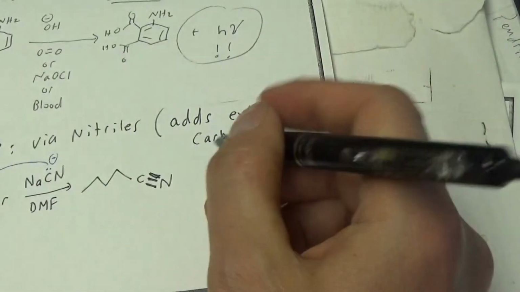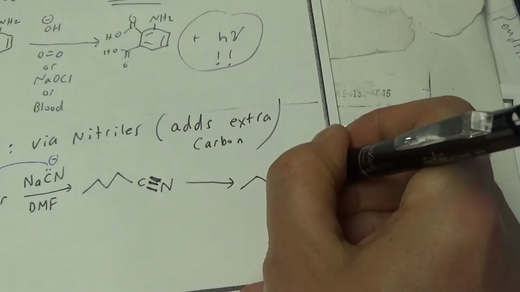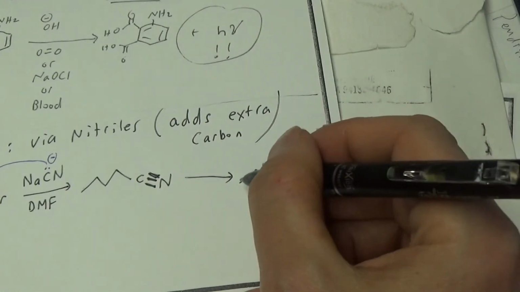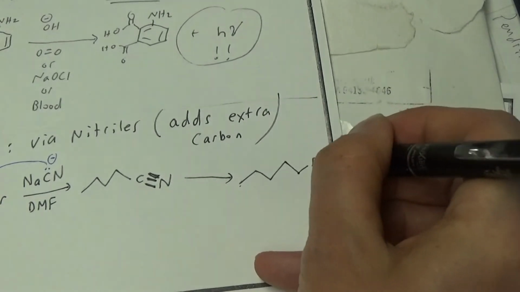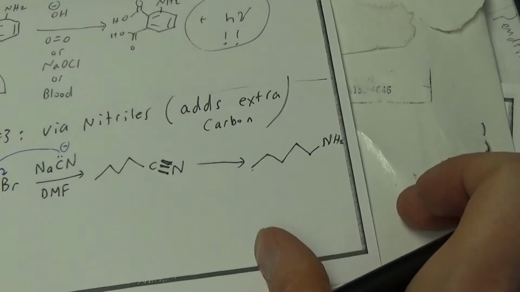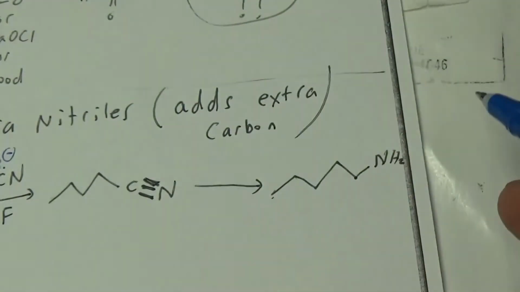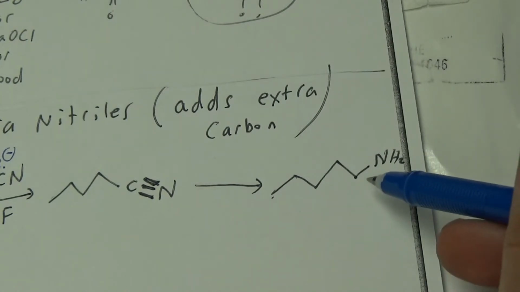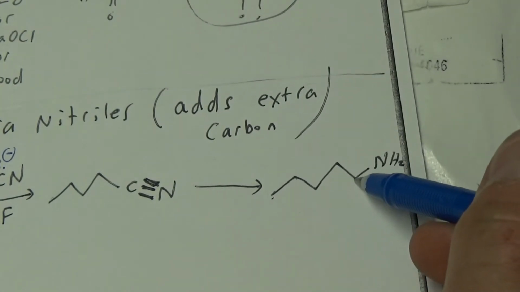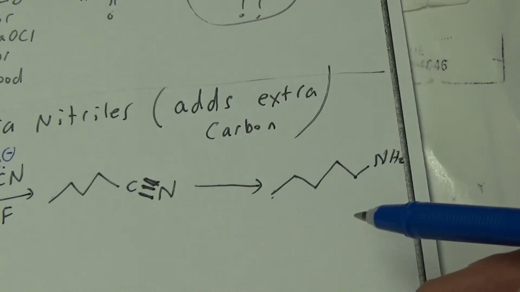Then the question is, how do you convert a nitrile to a primary amine? 1, 2, 3, 4, 5 carbons, NH2. You know how to do that. That was something you learned chapters ago. It looks like we're adding 2 hydrogens, so maybe something that adds hydrogens. What's the reagent?